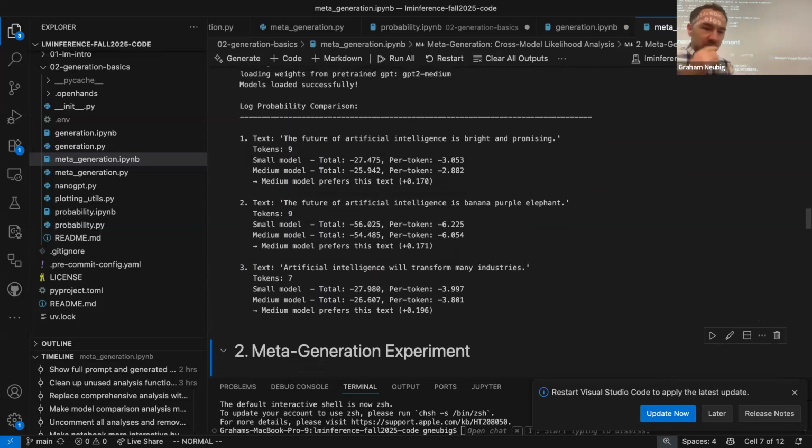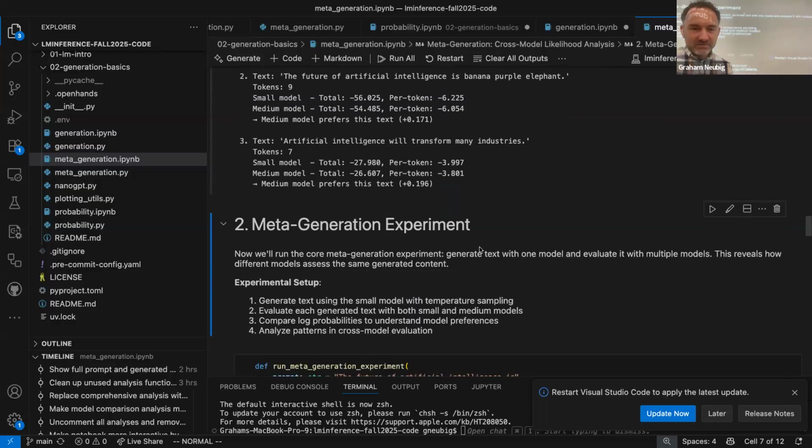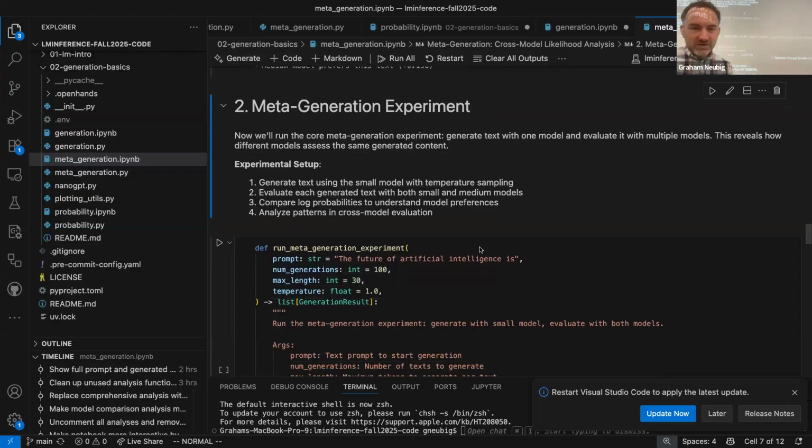So anyway, this is the output and the likelihood. We have: the future of artificial intelligence is bright and promising. The future of artificial intelligence is banana purple elephant, and artificial intelligence will transform many industries. And in this case, I guess the small model always gave a worse probability than the large one. So that's not super exciting.